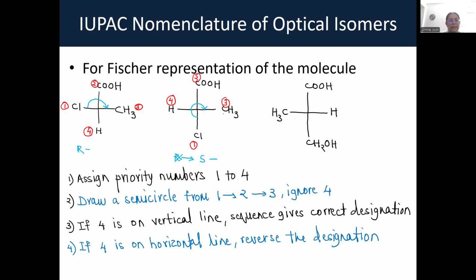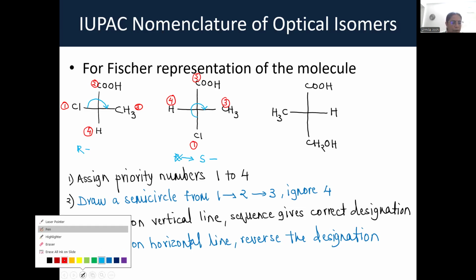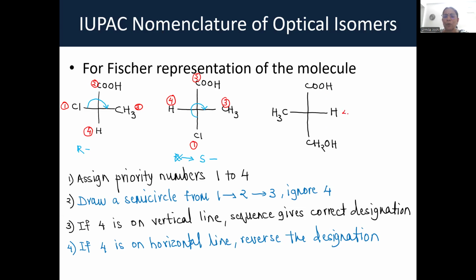Does everybody get this? I will solve one more over here. I hope that will help you. This is going to be 4 anyways. COOH is going to be 1 over here because COOH has 3 oxygens attached. If you convert the C double bond O and OH to C, O, O and OH, right? The creation of phantom atom.